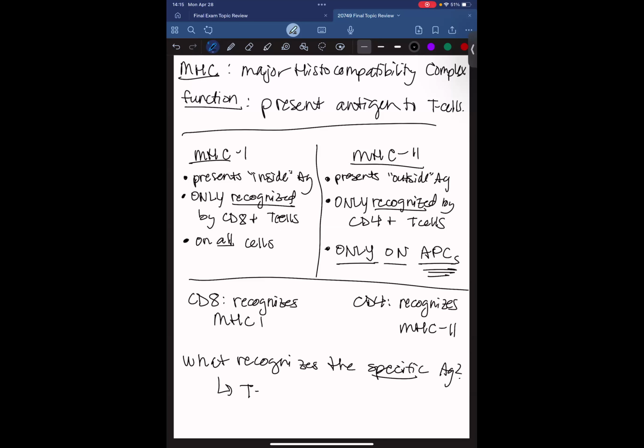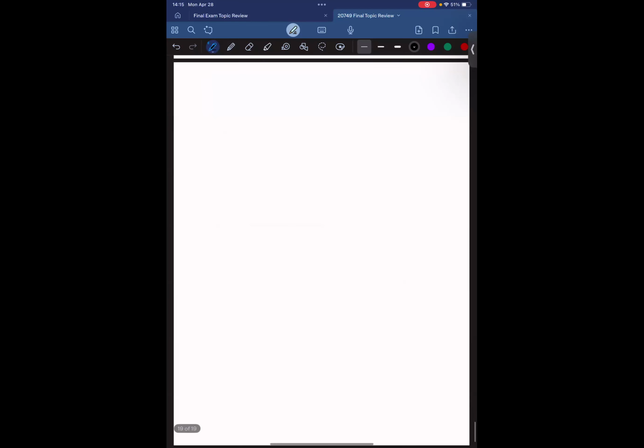This is the T cell receptor. So if we do this, here's what happens. We have our antigen presenting cell. We'll say that this is a macrophage.